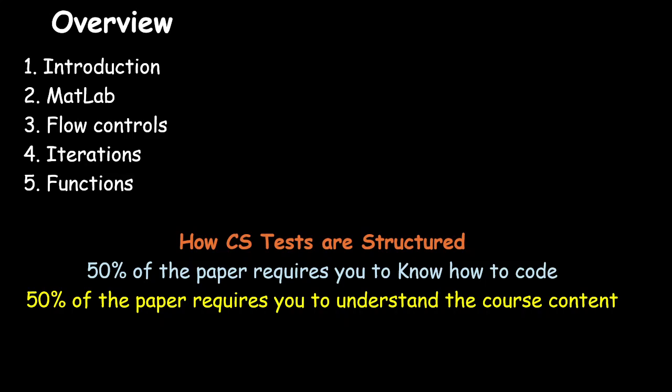So if you look at this, you find that a CS test paper is a well-rounded paper where both parties will get to benefit: those who are more strong when it comes to programming, or those who are more strong when it comes to describing or explaining the course content. Okay.